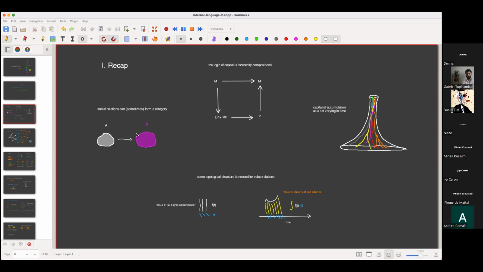So there's this whole unpacking that we can do anytime we see something in society. We can unpack it to a certain degree, until we get to the level that we care about. There might be things below that level that we could elaborate on further, but for the purposes of this type of causality or this type of constraint, we only care about a certain level.